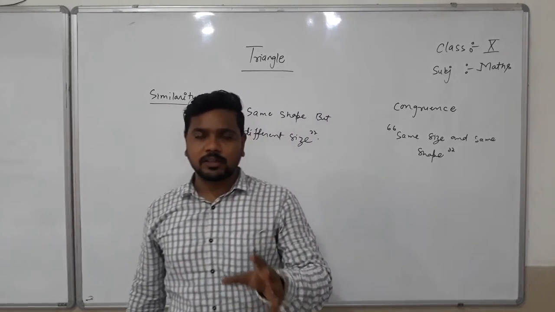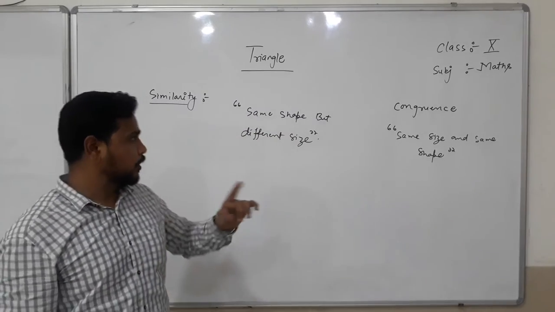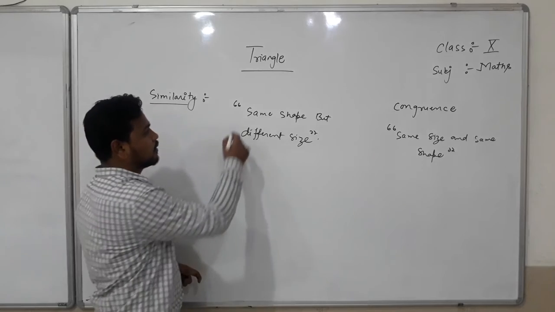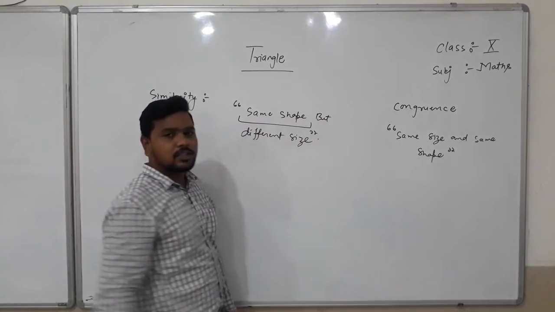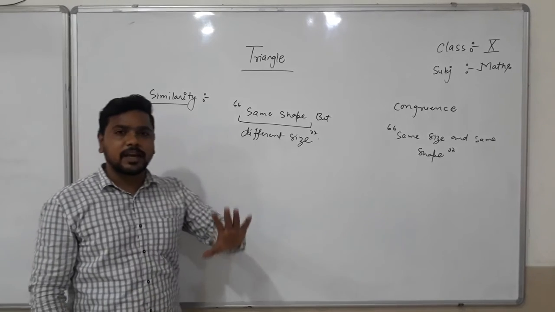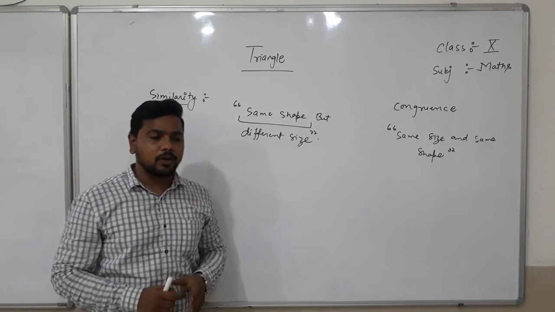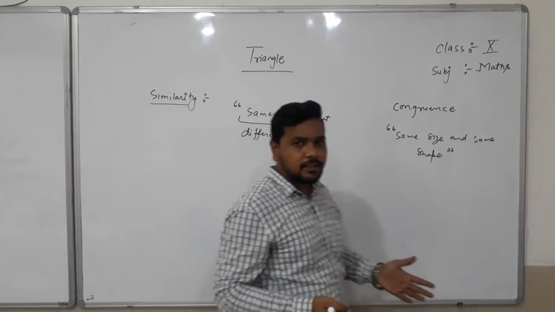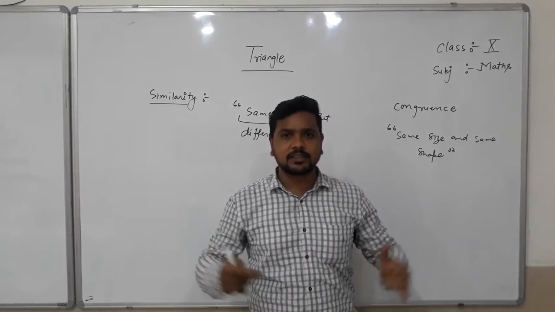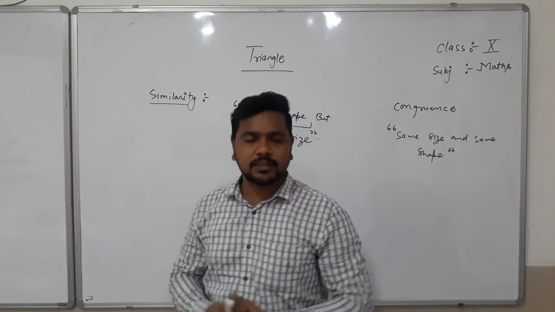All circles are similar to one another because all circles have the same shape, but the sizes are different. As the radius increases, the size increases. As the radius decreases, the size decreases.